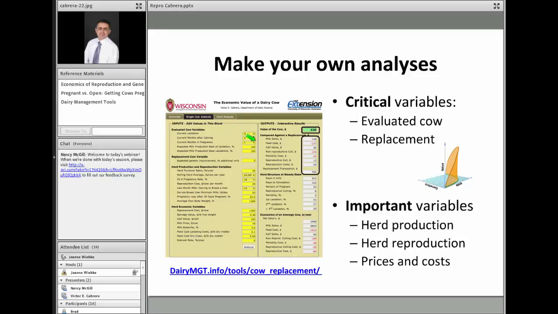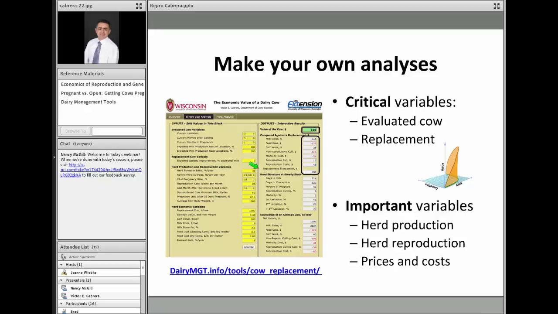Of course, you need to define in what stage the cow is, what lactation, months in milk, or days after calving, and if she's pregnant, and what month in pregnancy, for example, or how many days in pregnancy. Another important thing I want to highlight is that you need to make an assessment of the level of productivity of this cow compared with the other cows on the herd.